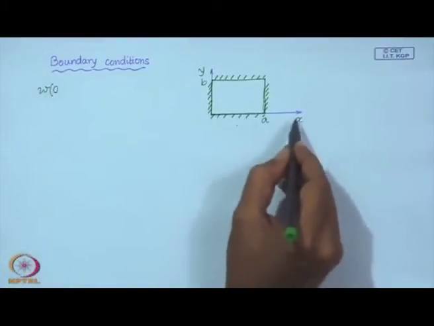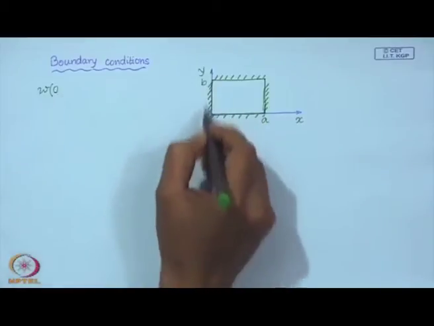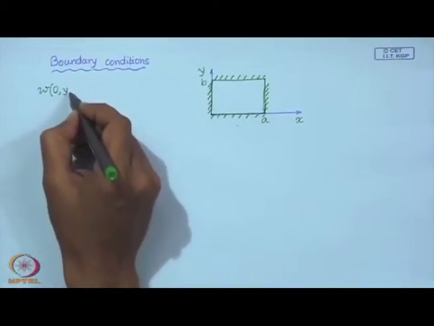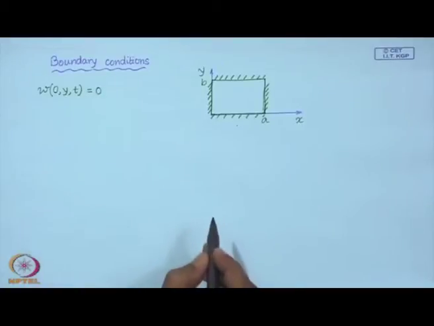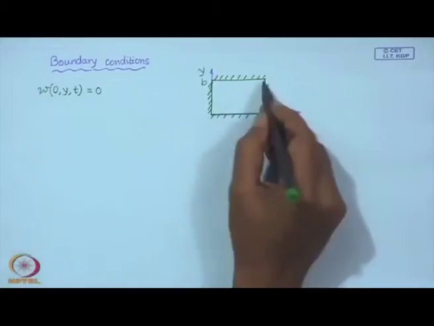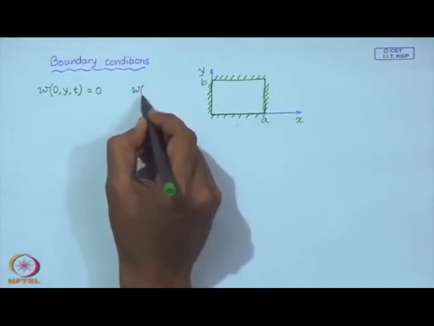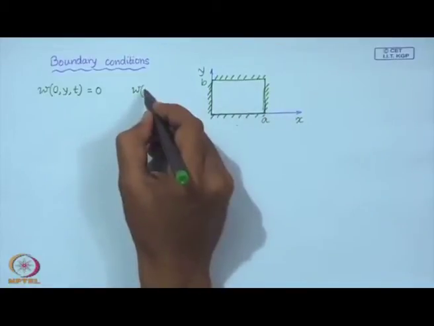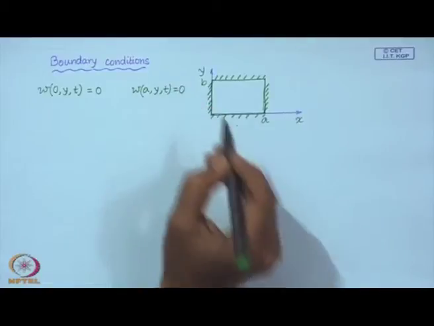So, at x equal to 0, that would mean this face, and for all of y and for all time this is fixed. Similarly, on this face we would have w at x equal to a and all of y, and for all time this must be 0.